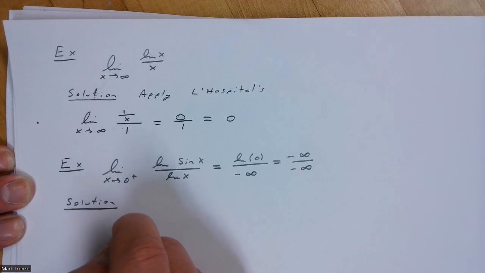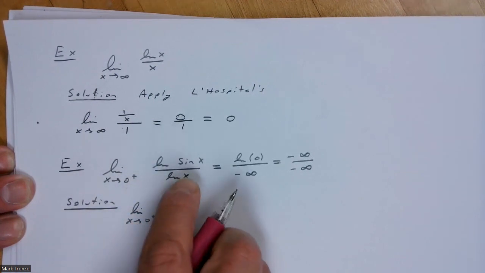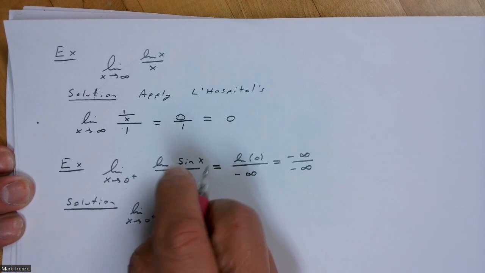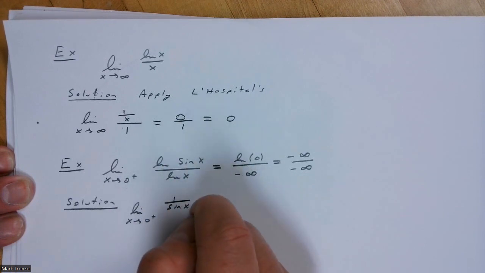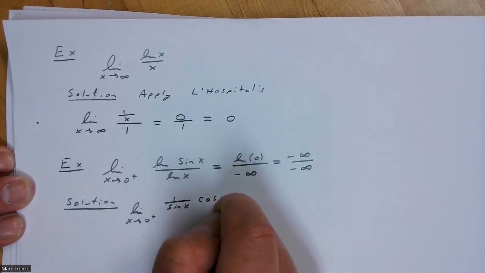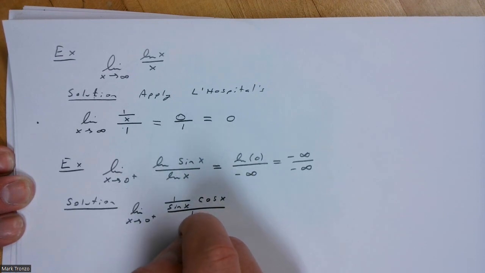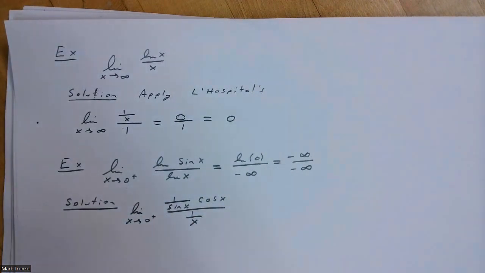Apply L'Hopital. Limit as x approaches 0. Now the derivative of the numerator will be 1 over sine x times the derivative of the inside, which is cos x. Then we're going to have just 1 over x here in the denominator.